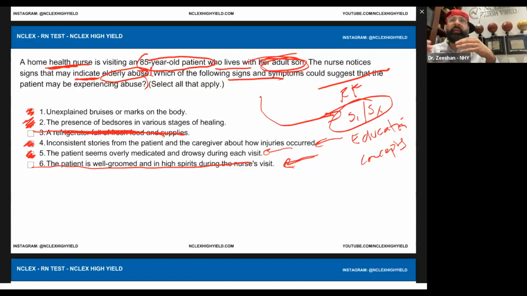Do you think that if a person was being taken care of properly, that they should be laying in one position for a very long time? No. Which means that they're not being walked, they're not being repositioned, they're being neglected, right? They're not being rotated, however you want to say it. So again, it's neglect. Make sense with the various stages of healing?